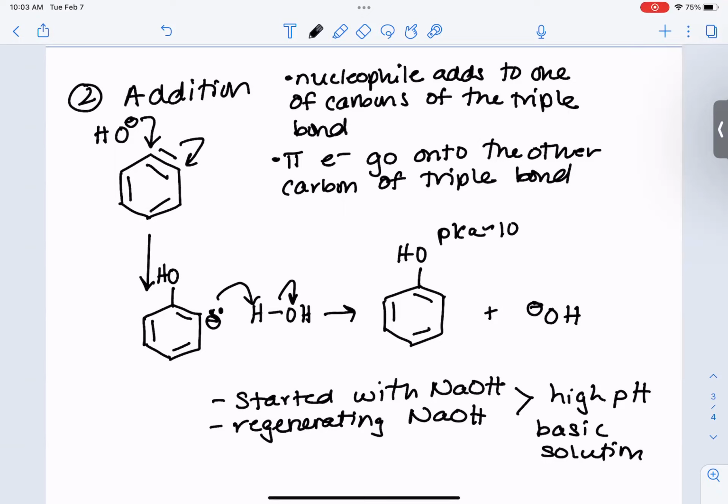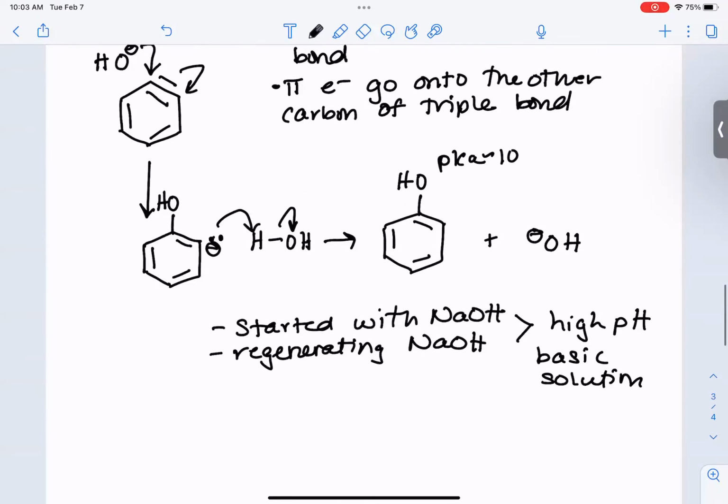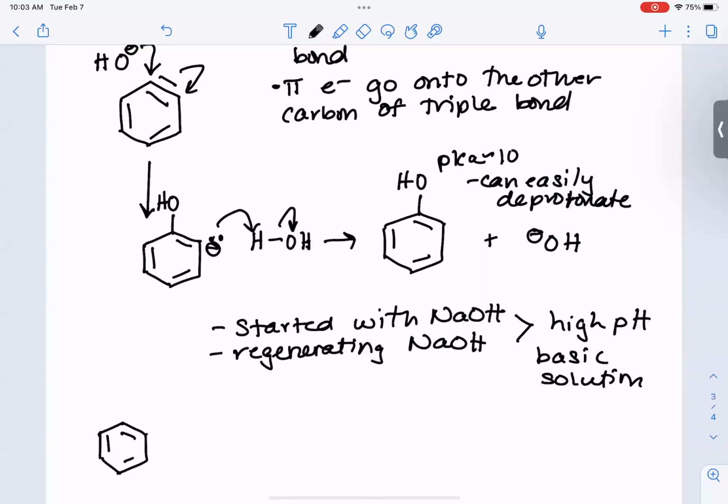So this hydrogen can easily be deprotonated. This is the conjugate of phenol.